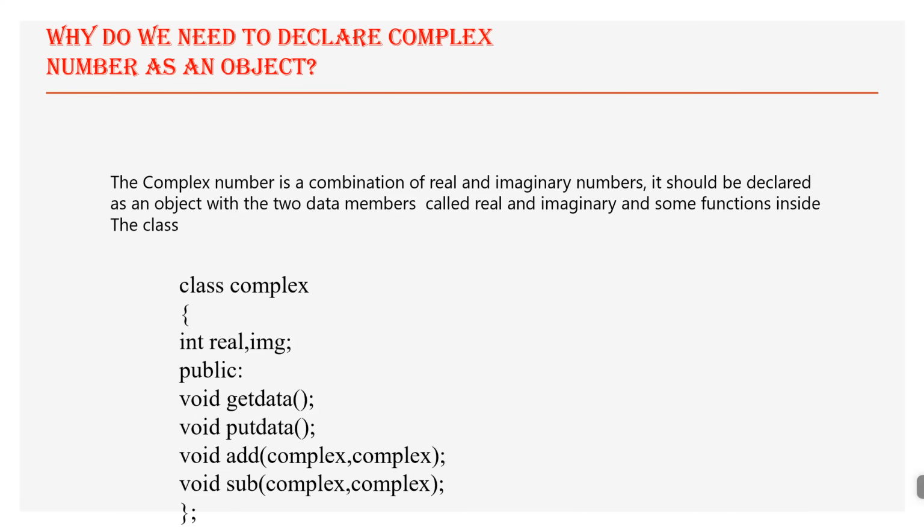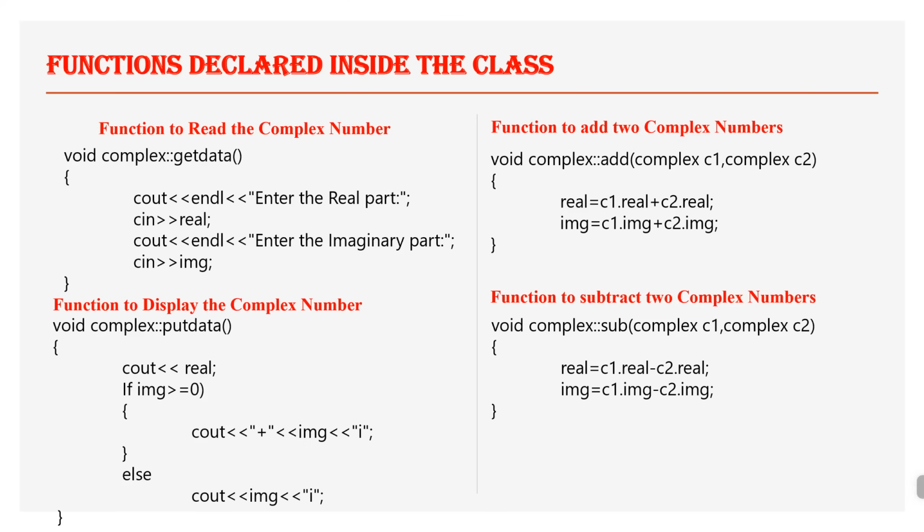Here please make a note, there are four functions which are declared under a class called complex, out of which two functions do not have any arguments, but the latter two functions, add and subtract, have arguments declared. Why? We shall see in the next example.